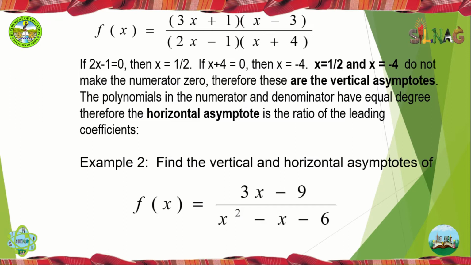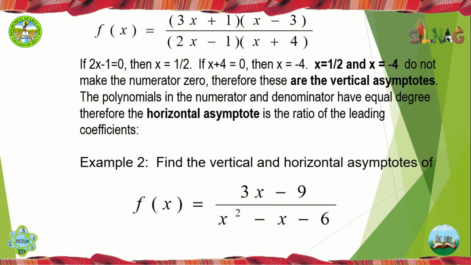Therefore, these are the vertical asymptotes. The polynomials in the numerator and the denominator have equal degree. Therefore, the horizontal asymptote is the ratio of the leading coefficients.